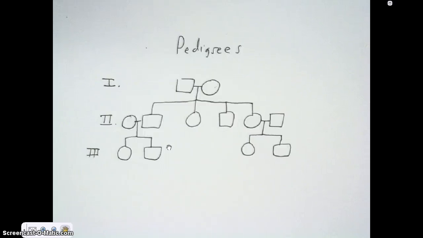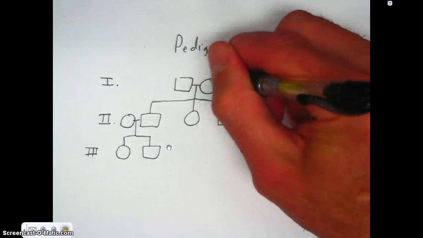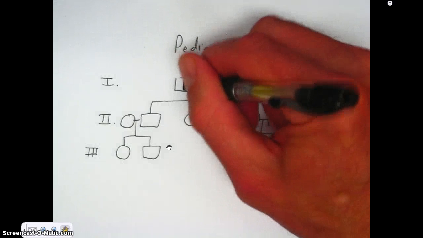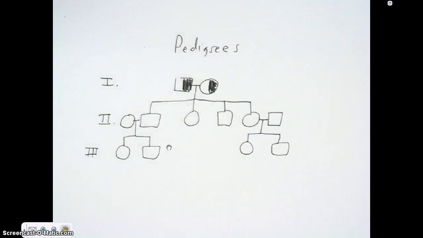Now we know that when something's recessive, in order to get that trait or that disease, you have to have 2 recessive alleles. The way that you show that somebody carries a disease is by shading them in halfway. So we're going to say that this lady and this man are both carriers for a disease.